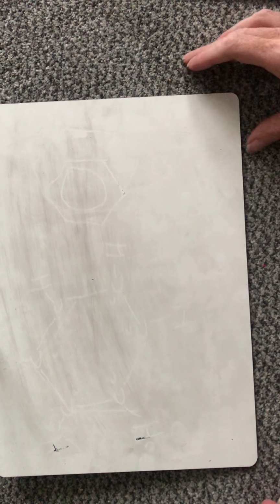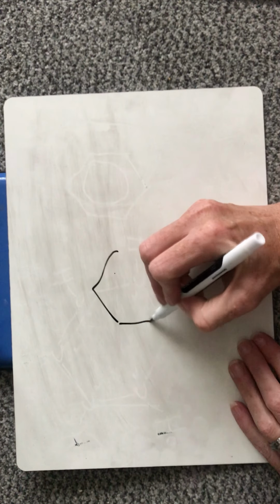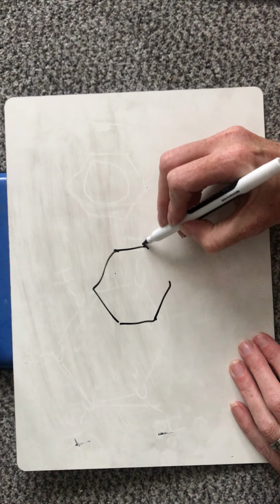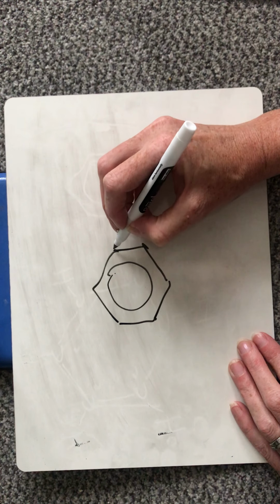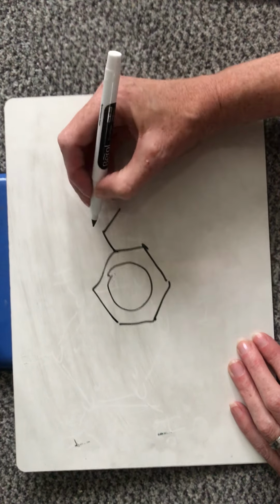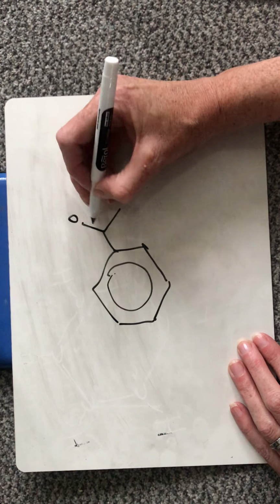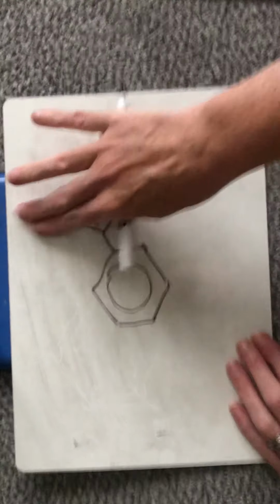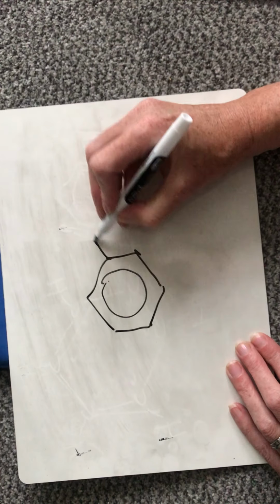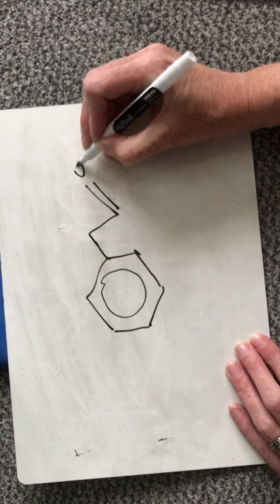Right, so I'm just going to do one more option, which is when we change the name to phenyl, because I know some of you have seen that and that was a bit confusing for you. So this time we have our benzene ring again. Let's make it a bit longer. There we go.